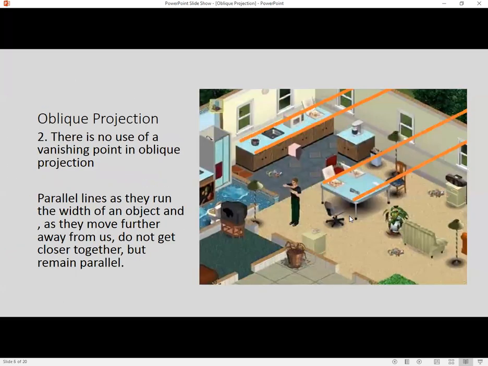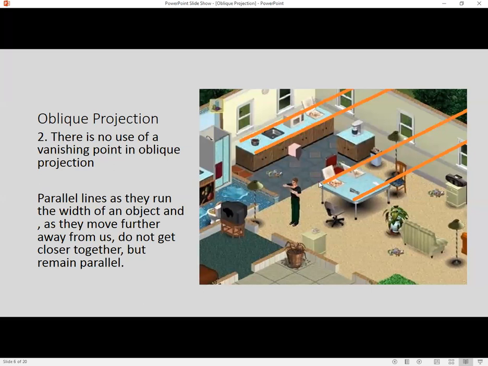So then the second hallmark is there's no vanishing point. So all lines that run along the width of something remain parallel. They don't get closer together, they don't converge, and all lines that run along the length of something don't get closer together, they remain parallel. So we're looking at this along the width.